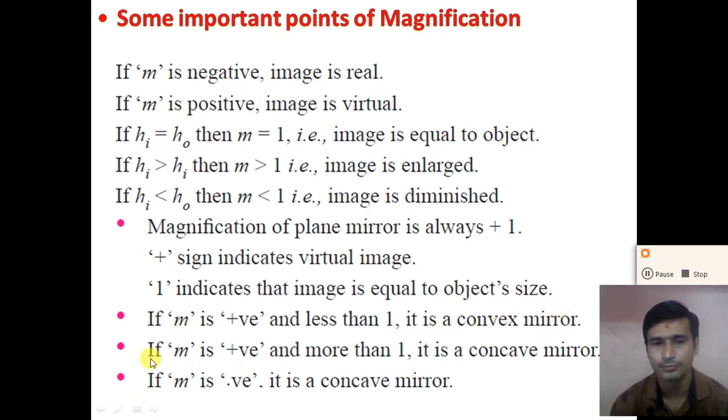Now if the magnification is positive and the value is more than 1, the mirror is a concave mirror. So if the value of magnification is more than 1 and positive, we can say that the mirror is a concave mirror. But if the magnification is negative and the value is less than 1, we can say that the mirror is a concave mirror.